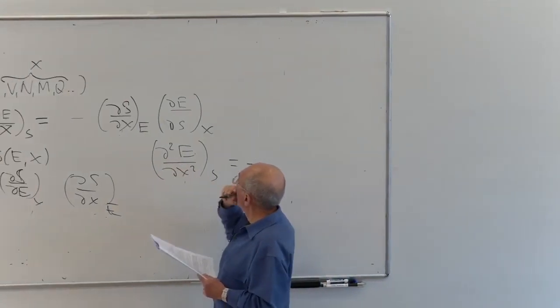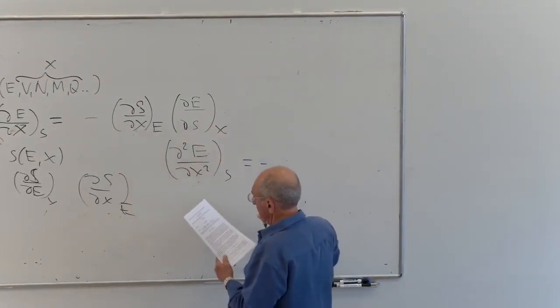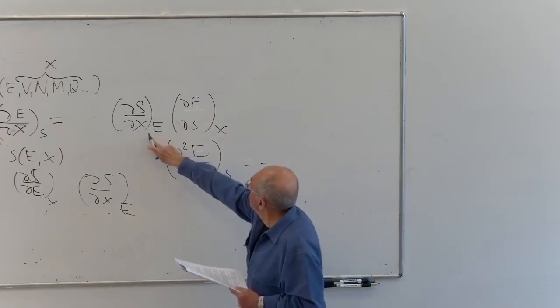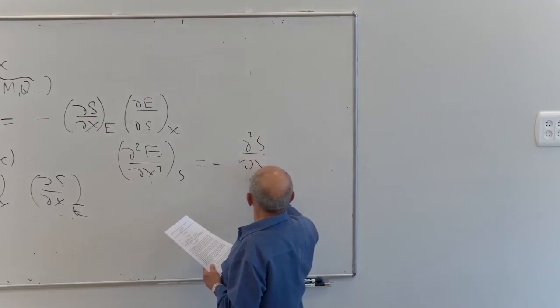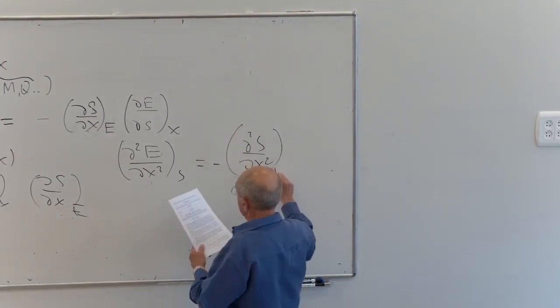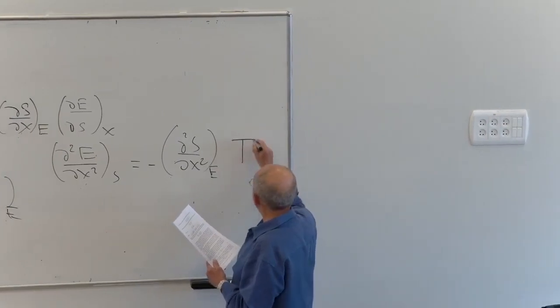Here, you don't differentiate this at equilibrium because it's already zero, right? So what you do, you differentiate this one with respect to x, and it gives you the second derivative times temperature.